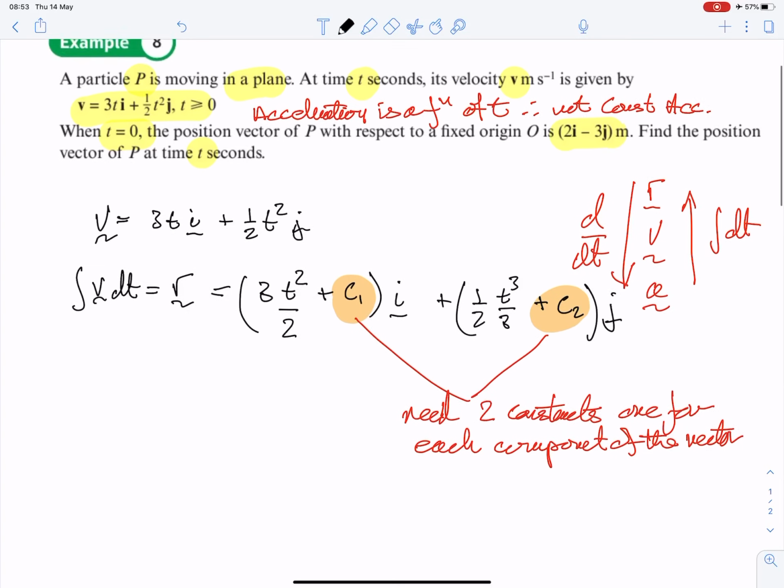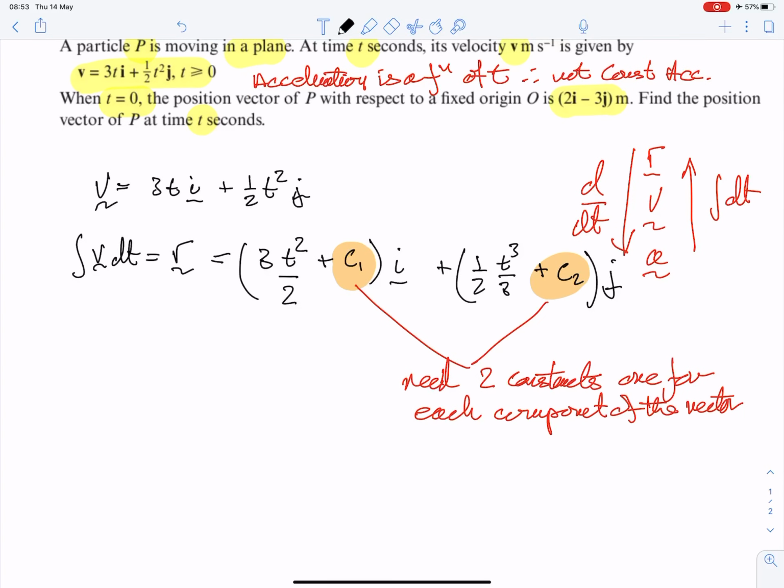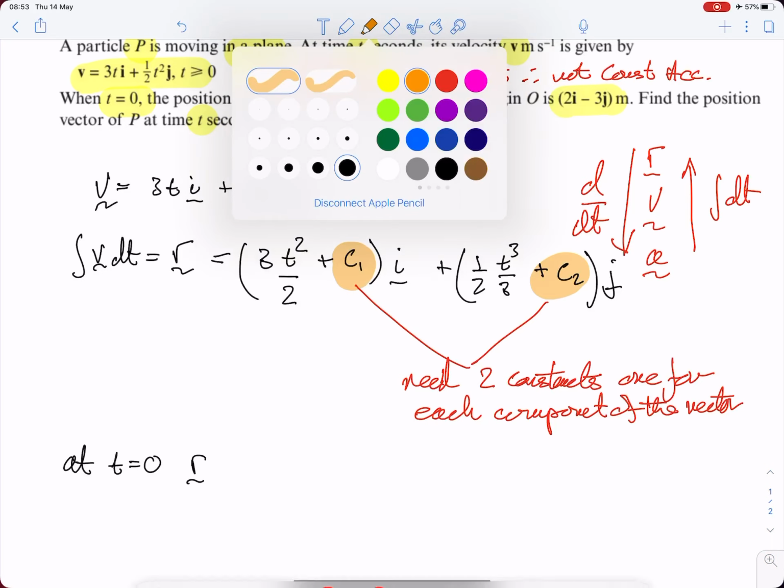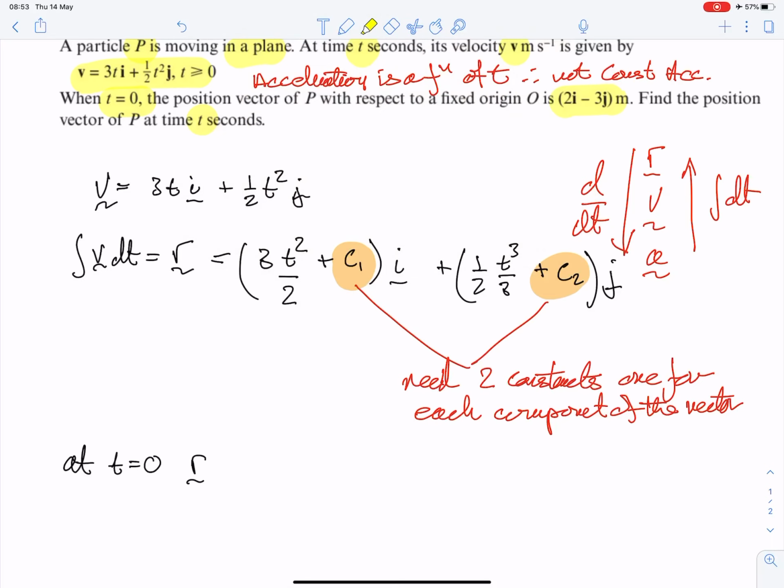So we can now use our boundary condition. We're told at t equals 0, r, the position relative to the fixed origin, so that's the bit from back here. The position vector of P relative to a fixed origin O is 2i minus 3j, so r is equal to 2i minus 3j at t equals 0.